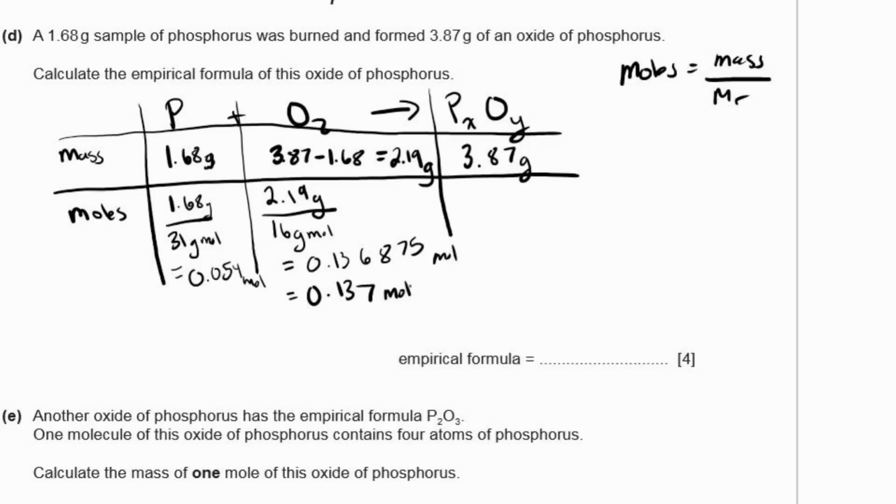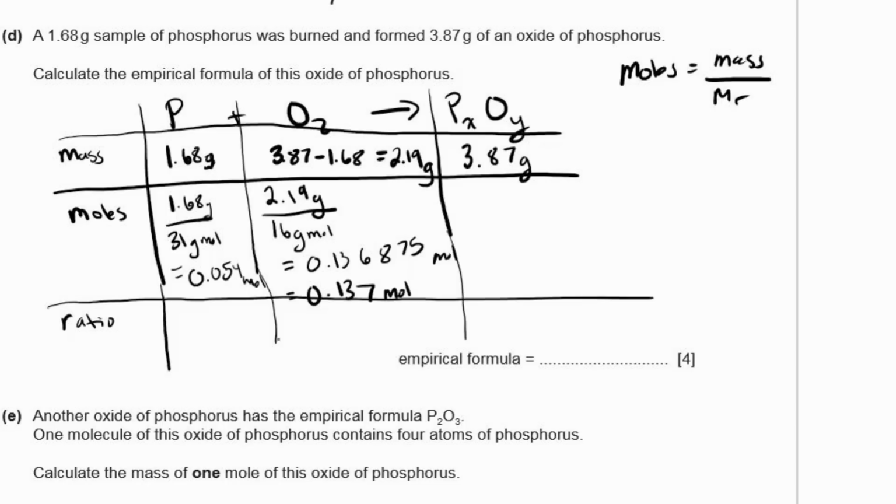All right, so now that we have that, what we can do is we figure out the ratio. That's our third column in this table. Not perfect, I know, but this is just to keep things organized. Okay, so the ratio of P to O. So when we look at the ratio, we look at the number of moles of both of these.